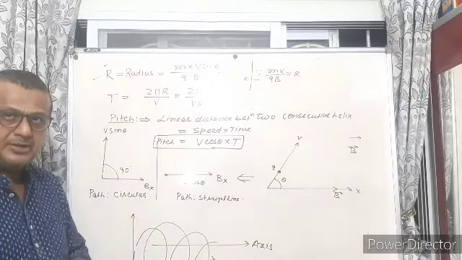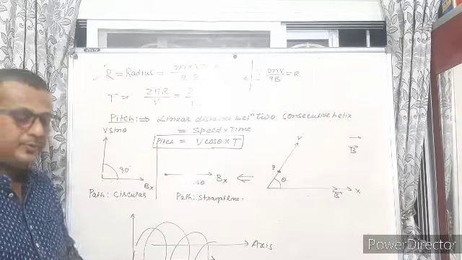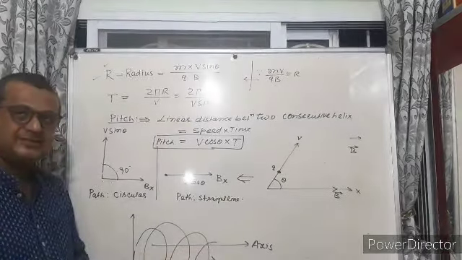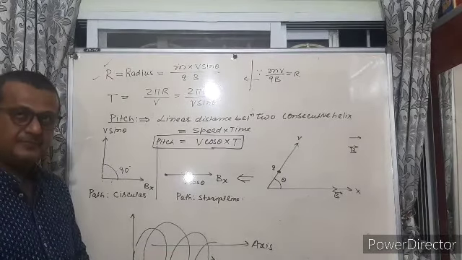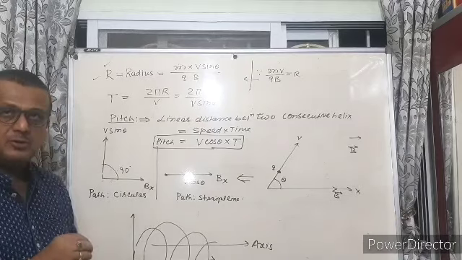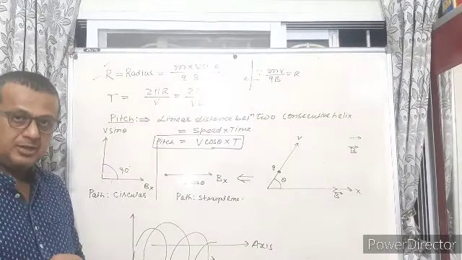But in combination, circular and straight line, when both are combined, this shape is called helix. The axis of the helix will be parallel to the magnetic field. So you should know every point, because questions are generally asked from every point. Okay, thank you.